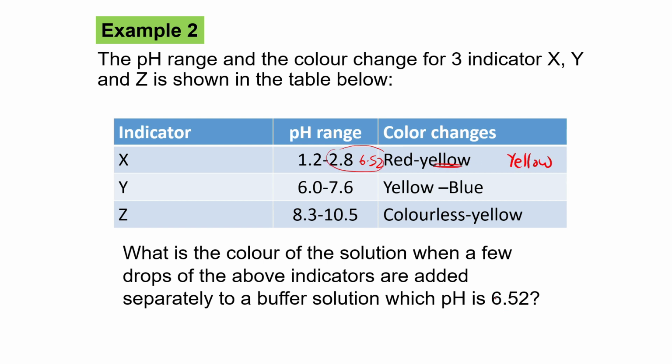So kalau untuk indicator Y, 6.52 di tengah-tengah sini antara 6 dengan 7.6. Okay, so kita dapat color green, mix antara yellow dengan blue. So untuk this one, 6.52 below than 8.3, so colornya colorless.